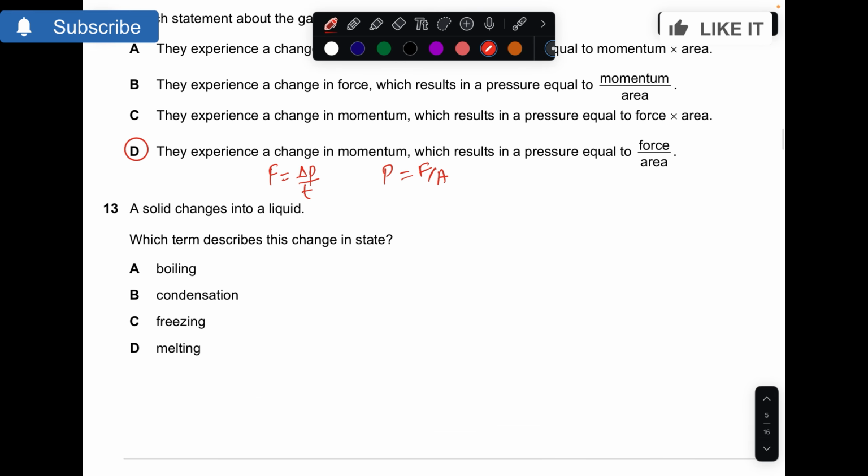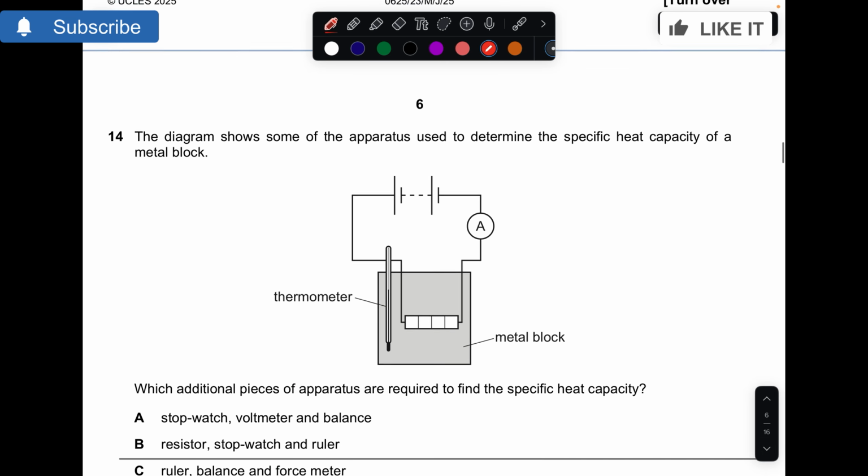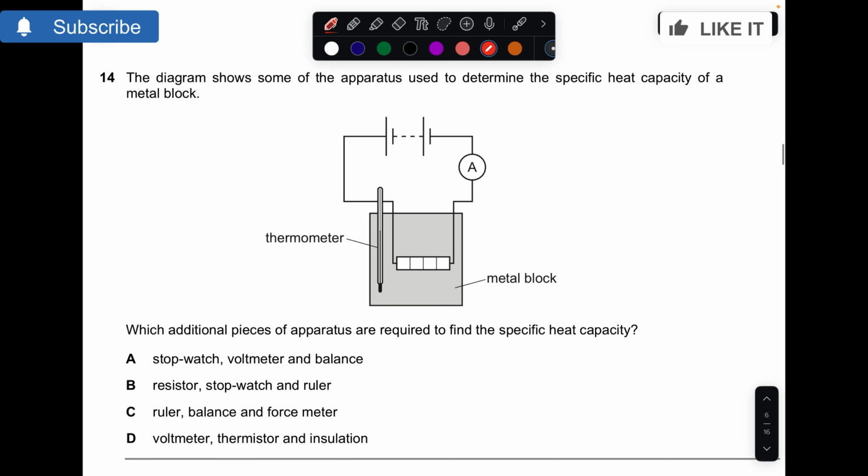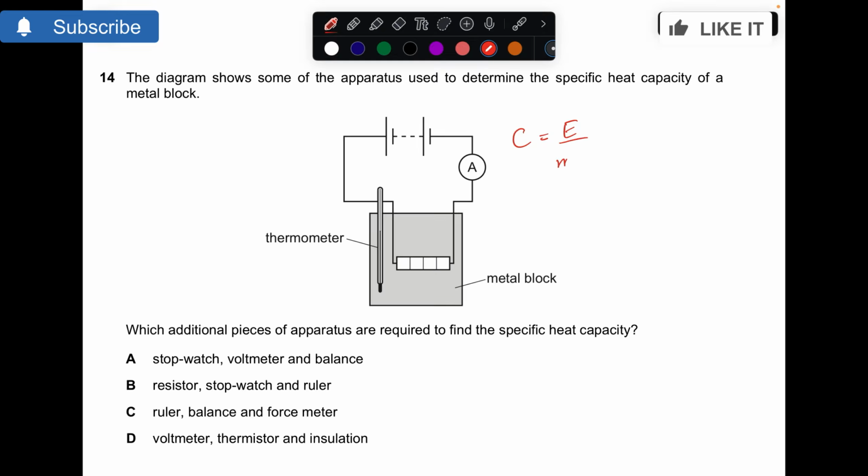Question 13, a solid changes into a liquid, which term describes this change in state? It is called melting. Question 14, the diagram shows some of the apparatus used to determine the specific heat capacity. Which additional pieces of apparatus are required? First you need to know the formula. C is equal to E divided by M delta theta. Delta theta is the change in temperature, E is energy, and M is the mass.